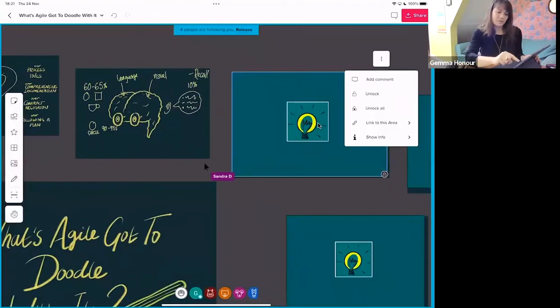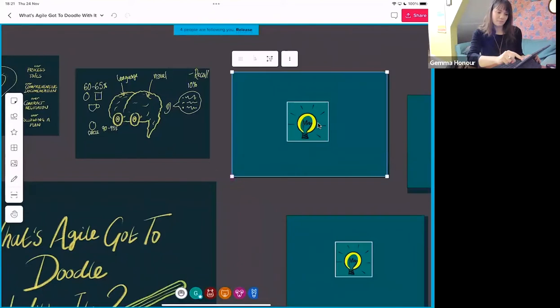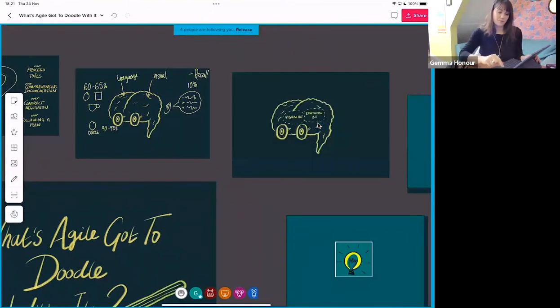Another very powerful reason scientists know to use visual thinking is that they've studied the brain through the MRI scanner.